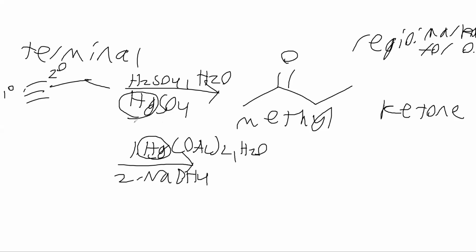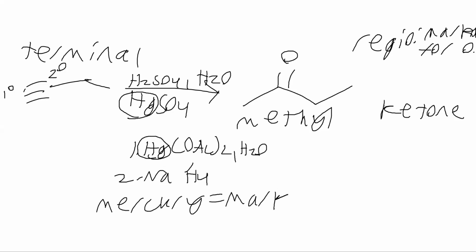So just remember that mercury leads to Markovnikov. If you can remember that, it might help you remember these conditions and what they lead to, differentiating between things. So that's just a sort of pattern between alkynes and alkenes.